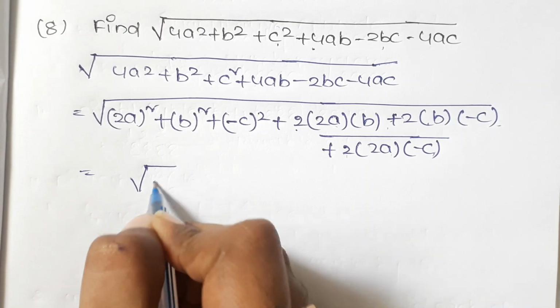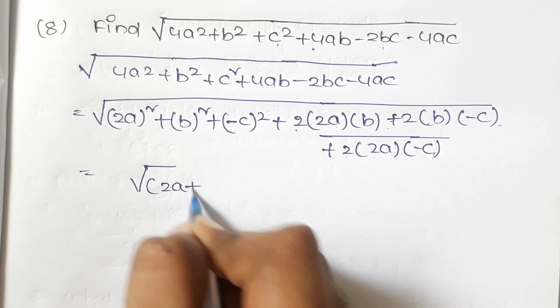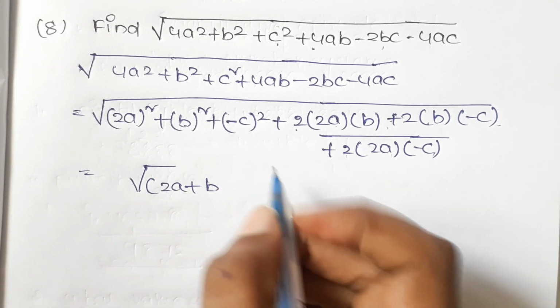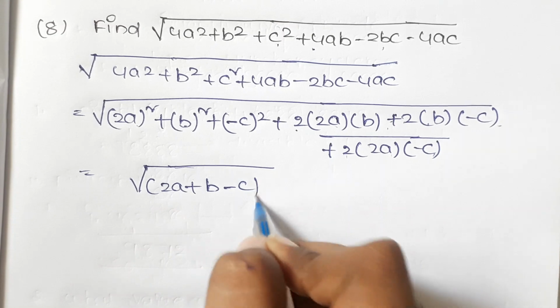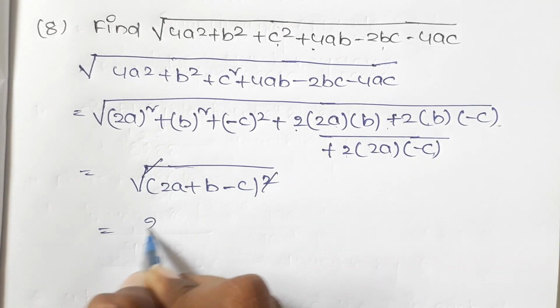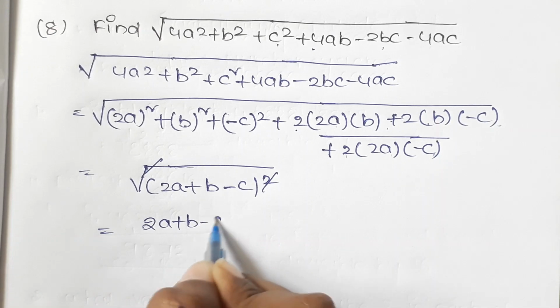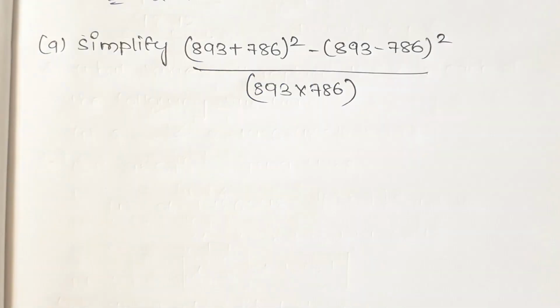Here square root of a is nothing but 2a plus b is nothing but b plus c is nothing but minus c is here whole square, and here this square and root get cancelled, and 2a plus b minus c, and this is the value for given square root. And this is the another model.